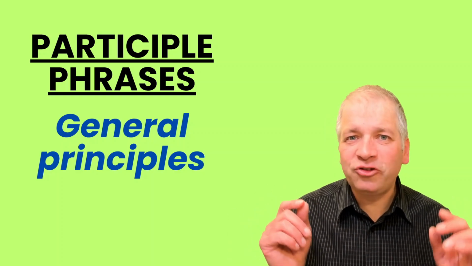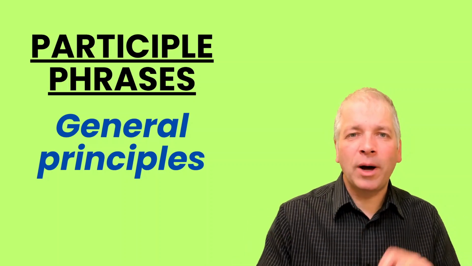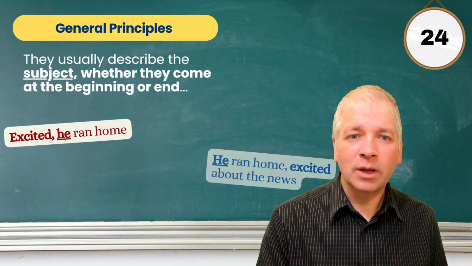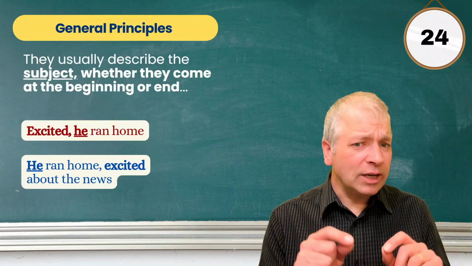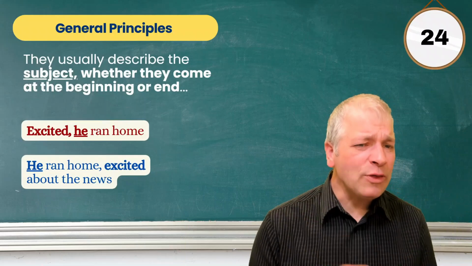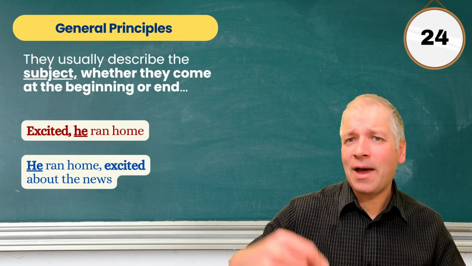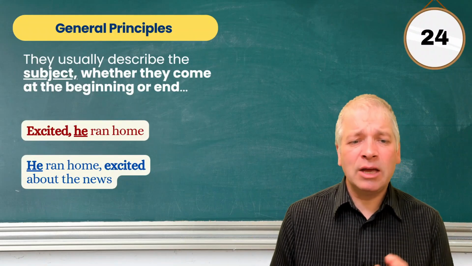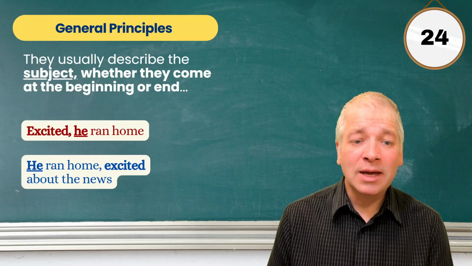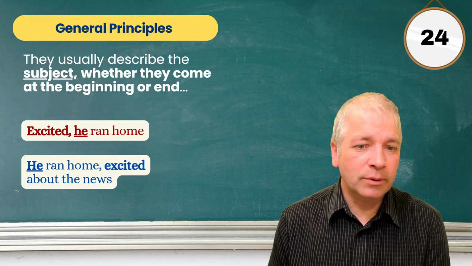Let's look at some general principles that affect all participle phrases now. Firstly, they usually describe the subject whether they come at the beginning of the sentence or at the end. So, excited, he ran home. He ran home excited about the news.